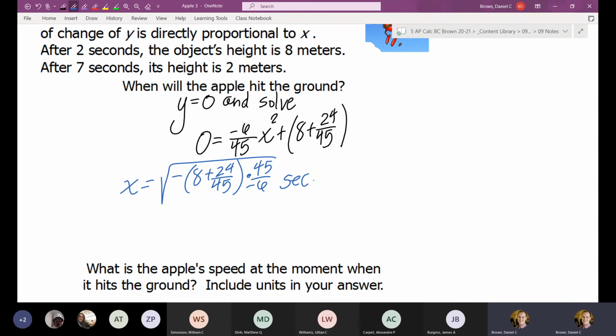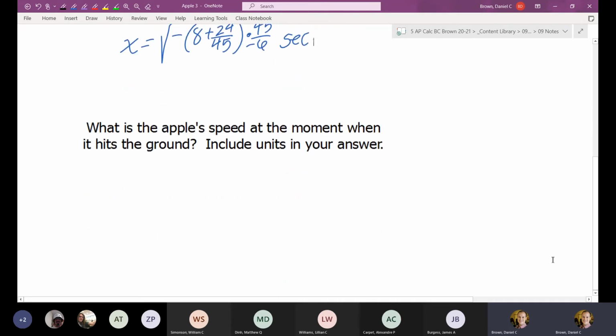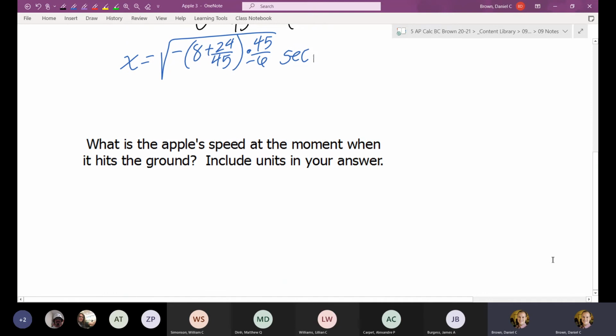And then this last one, it says, what is the apple's speed at the moment when it hits the ground? What would be your basic process for solving that one? So we're looking for the speed. Which equation are we plugging that into? dy dx, right? So we have dy dx.